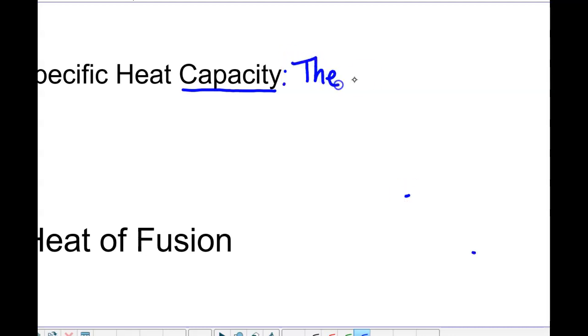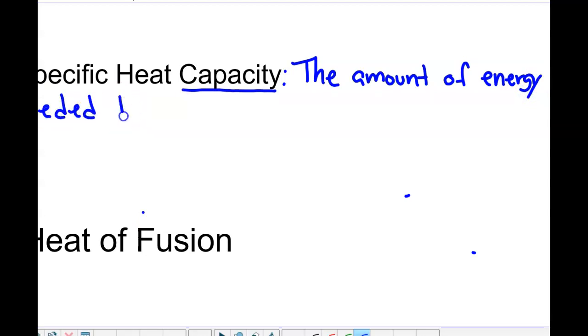amount of energy needed to raise. So we're going to be raising the temperature, but we're going to be raising a certain amount of the substance.